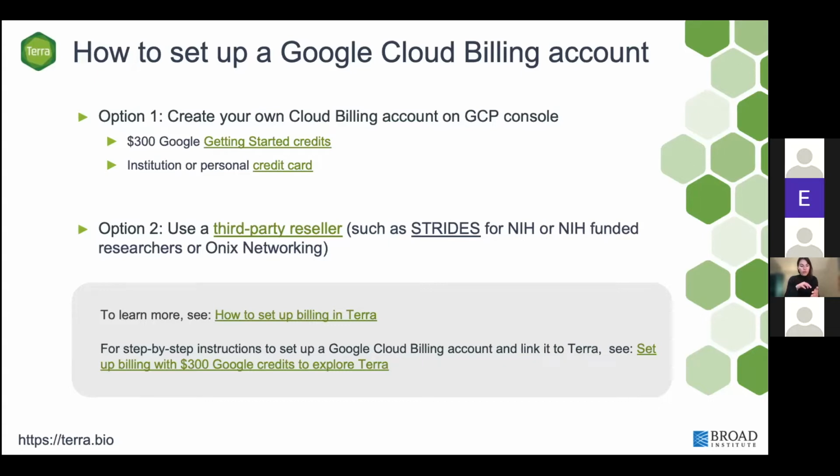We demoed earlier how you can have one cloud billing account with multiple Terra billing projects, or different cloud billing accounts with unique Terra billing projects. Usually every user will have their own Terra billing project in these consortia groups, so that people can see their spend against that Terra billing project.